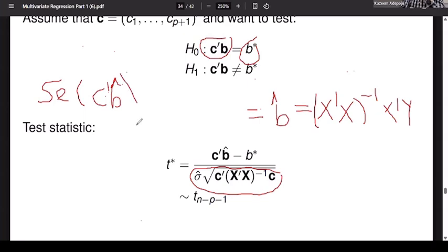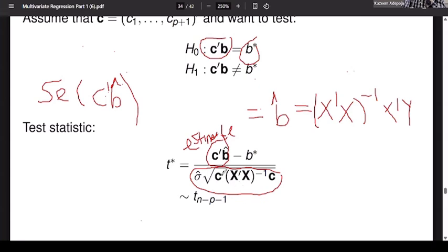What am I trying to say in essence? I'm trying to say that I have an estimate, minus the hypothesized value, divided by the standard error.